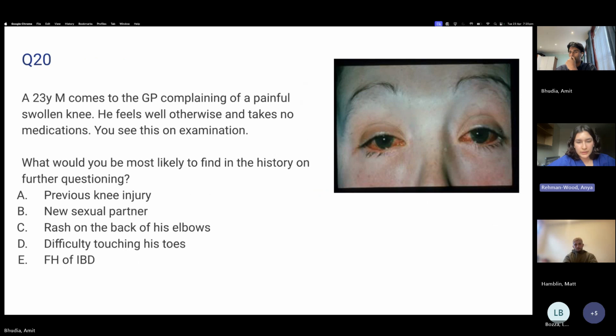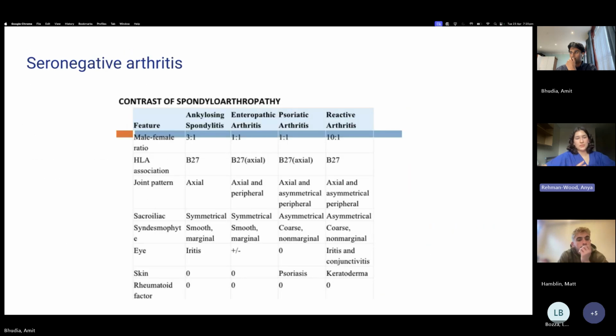So the previous knee injury, well, not that one actually, but rash on the elbows, psoriatic arthritis, touching toes is ankylosing spondylitis, IBD was getting at enteropathic arthritis. So if we go to the table, it just summarizes the main points about them. If you want to screenshot that, then go ahead. I'm not going to go through it in detail.